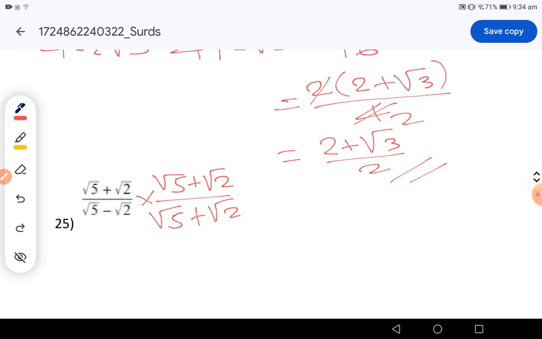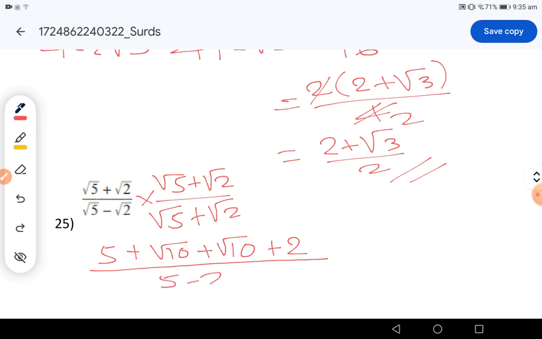So 5 and 5, root 5 times root 5 is 5, plus root 10, and plus again root 10, and root 2 times root 2 is 2, divided by 5 minus 2.